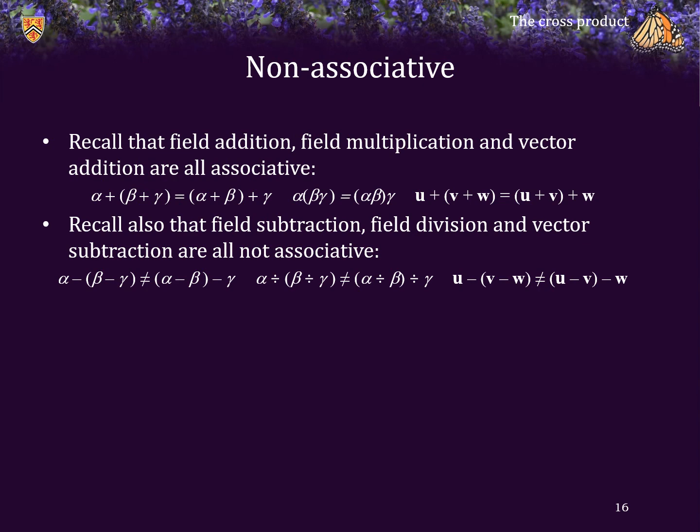So in the first case, if you just set alpha, beta, and gamma all to be 1, the left-hand side is 1, the right-hand side is -1, and those are unequal. In the second case, we can set alpha, beta, and gamma all to be equal to 2, in which case the left-hand side is 2, whereas the right-hand side is 1/2.